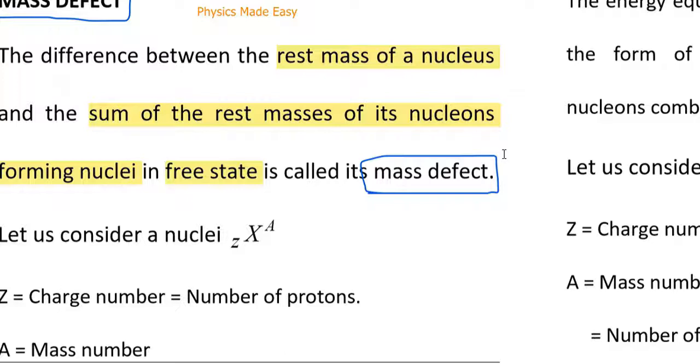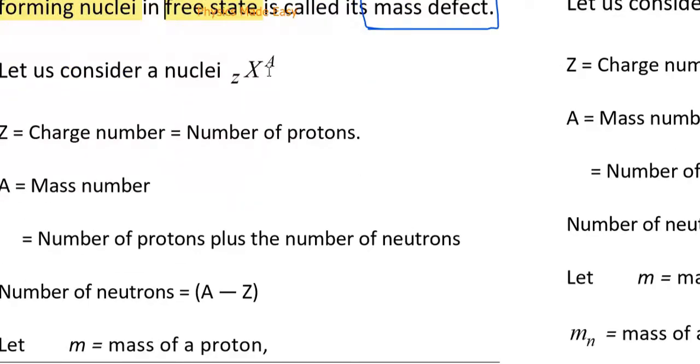Now, mass defect: the rest mass of the nucleus and the sum of the rest masses of the nucleons forming the nucleus in free state. Now, for the nucleus ZXA, A is the mass number.